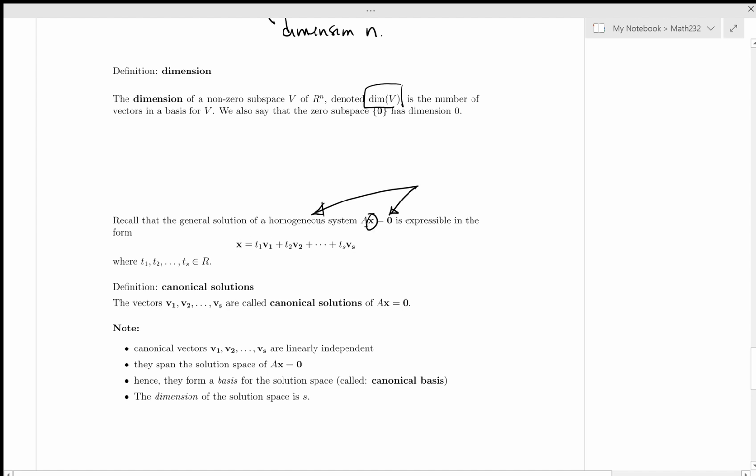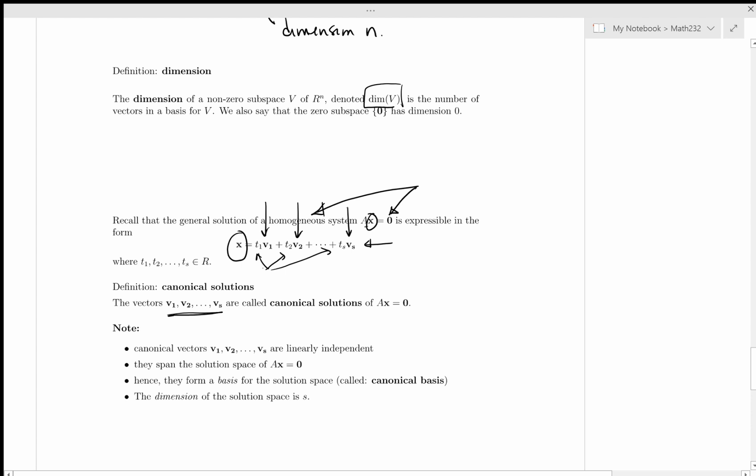So these vectors x, which make the statement Ax = 0 true, can be written in this form as a linear combination of some number of vectors, and you'll recall that these parameters are coming from the free variables. Okay, so now we define the canonical solutions. The vectors v1 through vs, from which we can concoct all of the solutions to the homogeneous system, are called the canonical solutions of Ax = 0.